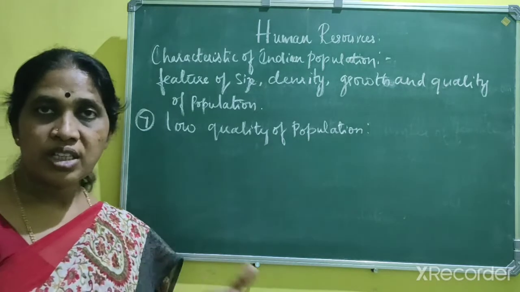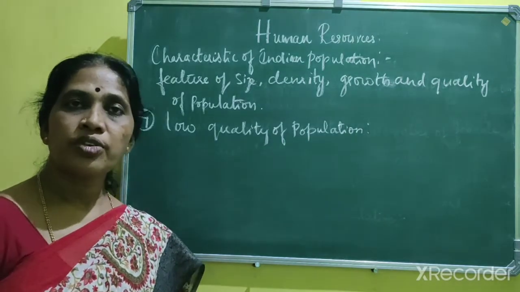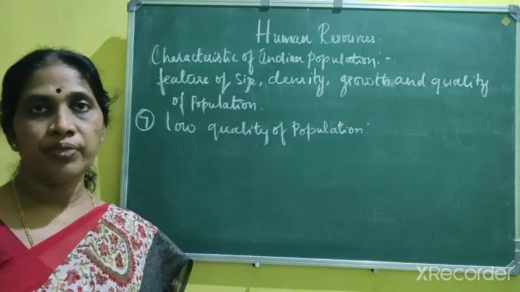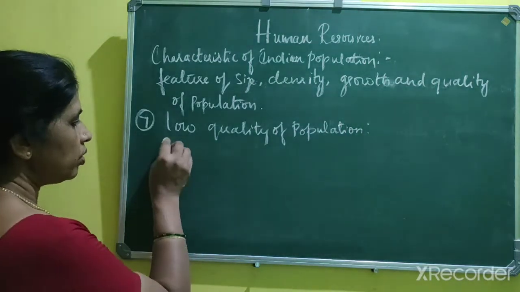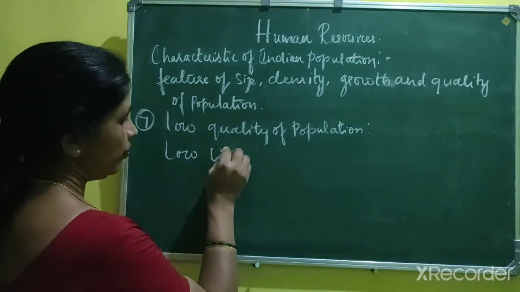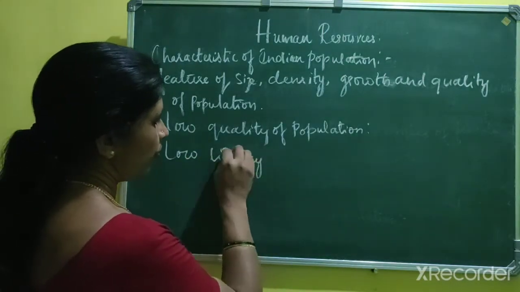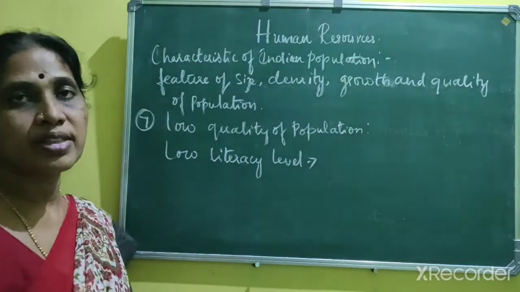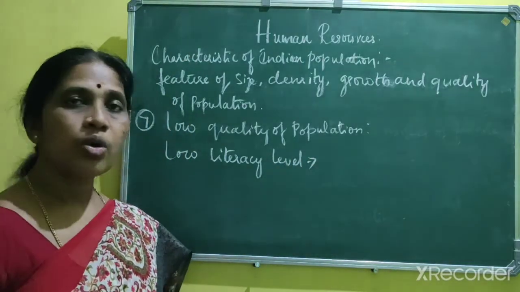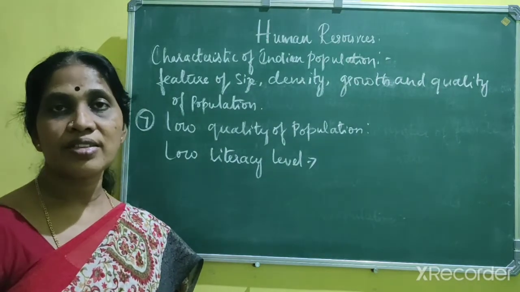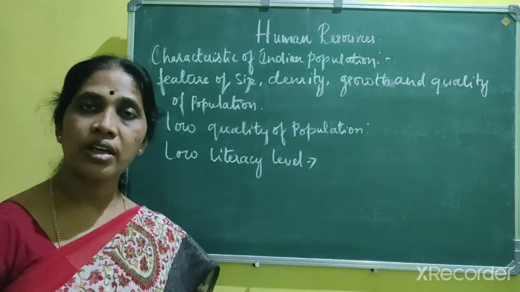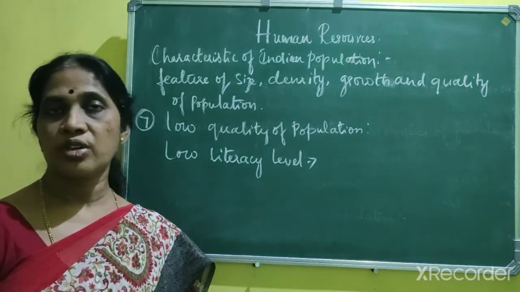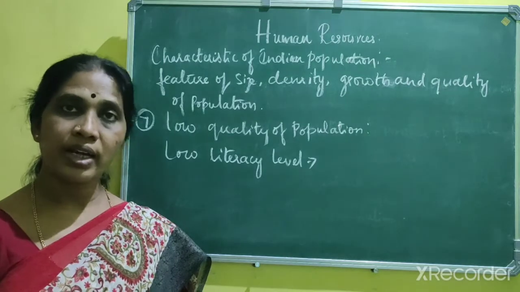Keeping these parameters, the population of our country is classified under three headings, the first being literacy level. So we'll see what this low literacy level is. According to the 2011 census, 74% of the population of our country were literate.